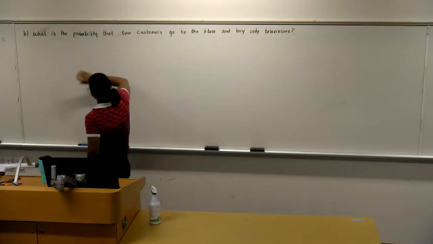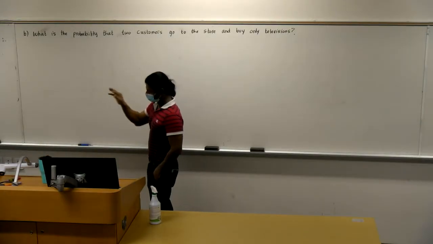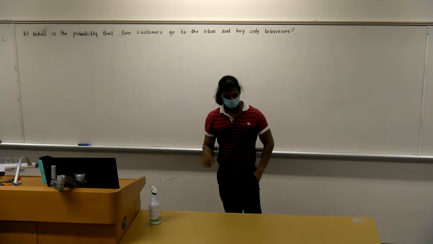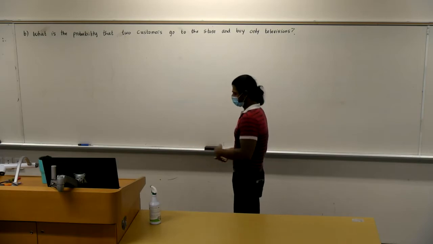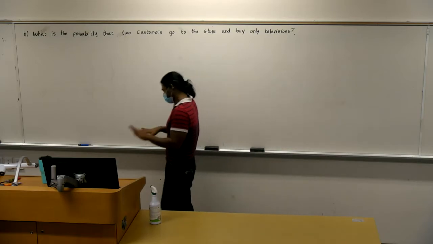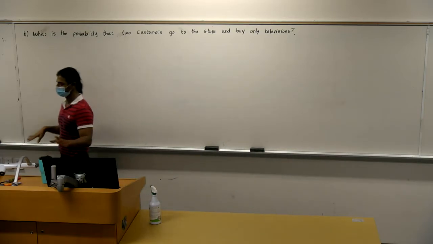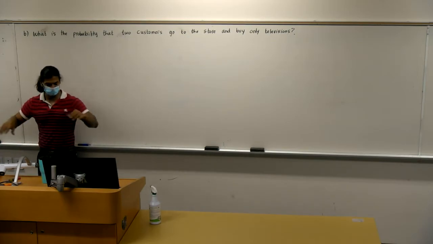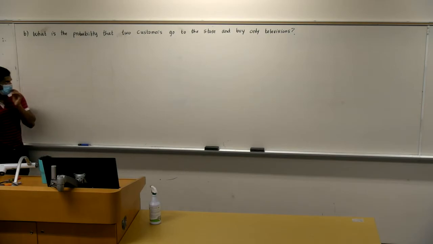We want to find the probability that 2 customers go to the store and they just buy televisions. The first one buys a television, the second one buys a television. We're selling 2 televisions, that's all. So in this case, it doesn't matter, I'm treating them separately. How would we find this probability?